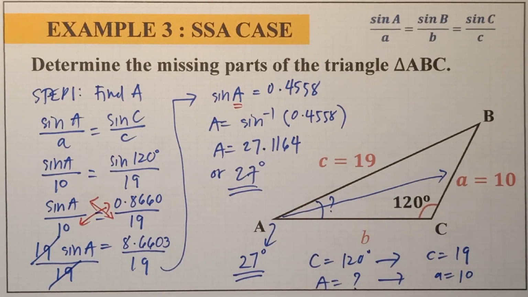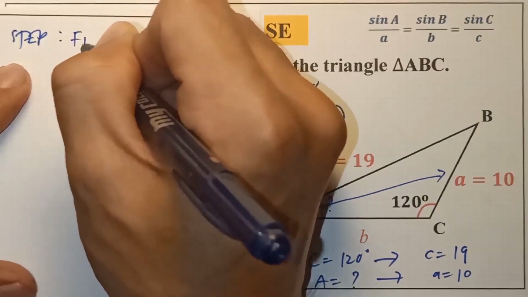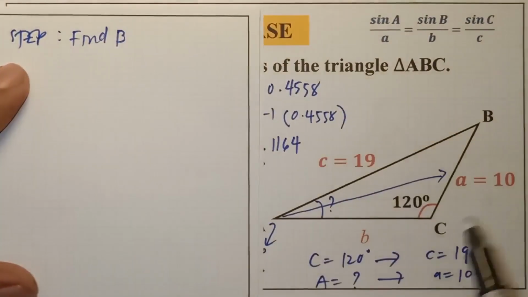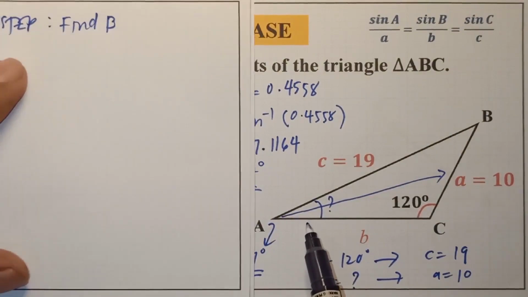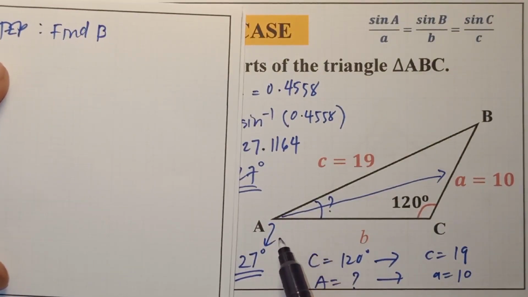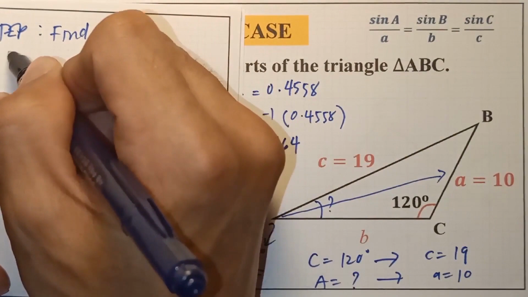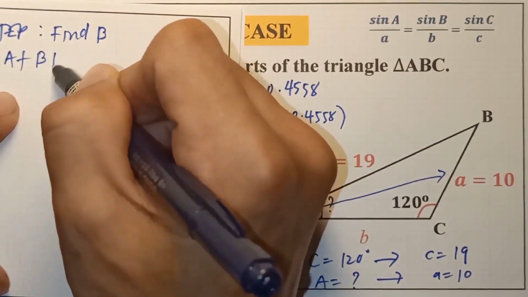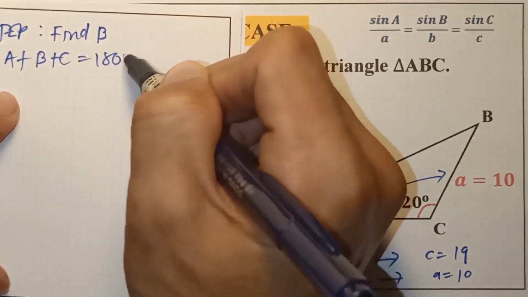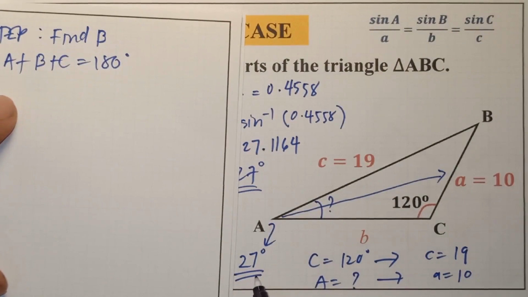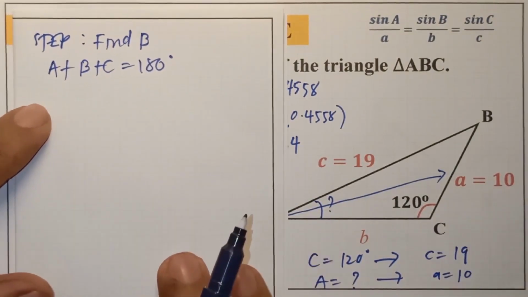So the next step here is we need to find B. Since we have already angle A, which is 27, angle A plus angle B plus angle C is equal to 180 degrees. With angle A and angle C, we need to find angle B. So this is now the solution.